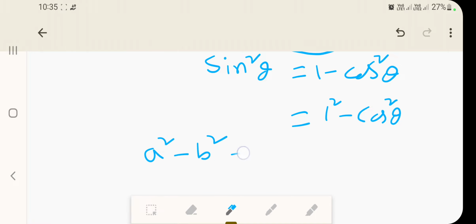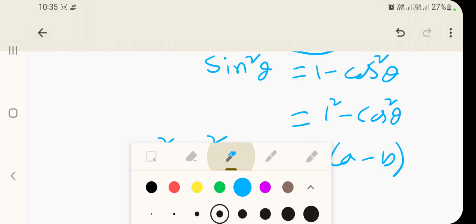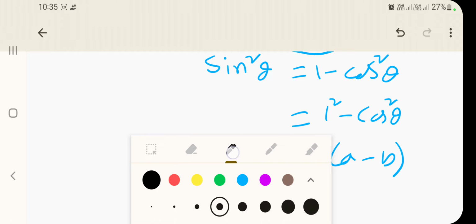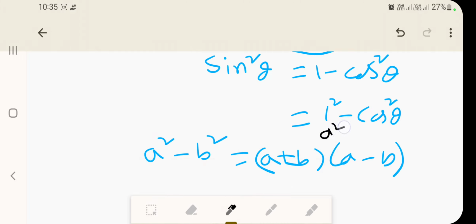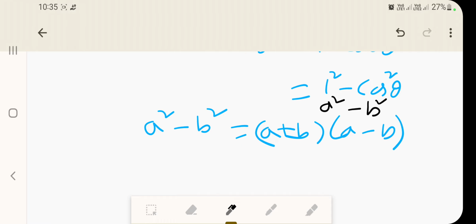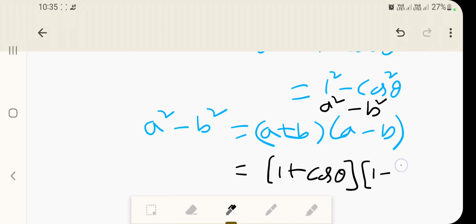We know a square minus b square is (a plus b) into (a minus b). So here suppose we take 1 square as a square and cos square as b square. So (a plus b) into (a minus b) means (1 plus cos theta) into (1 minus cos theta) we get.